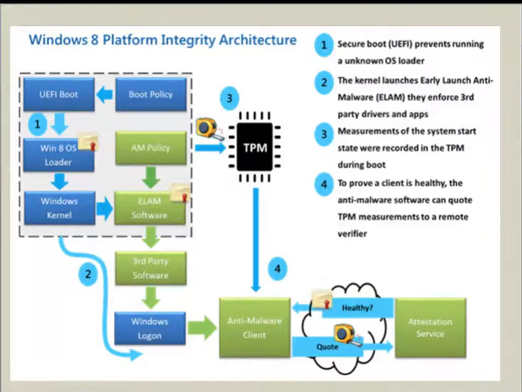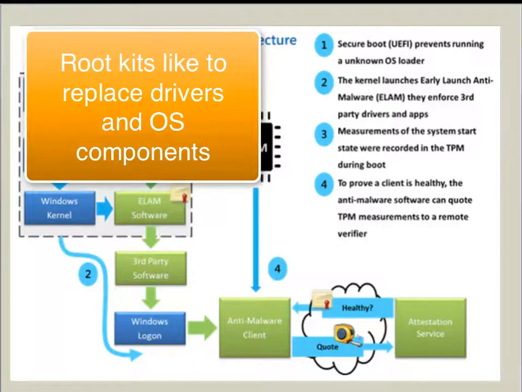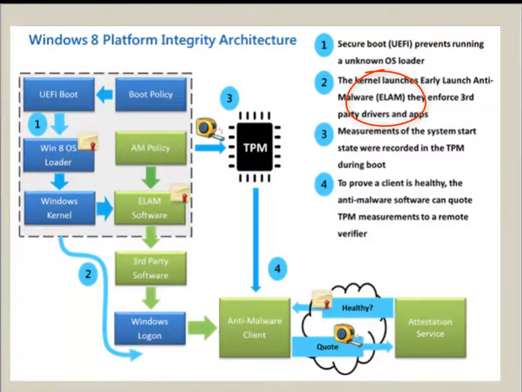So now all we have to do is worry about what's going on with applications as they're operating. This helps a lot with rootkits, because the early launch anti-malware checking, the ELAM, which you can see in step 2, is going to check to make sure that there's no malicious driver loading that we don't want on that device.